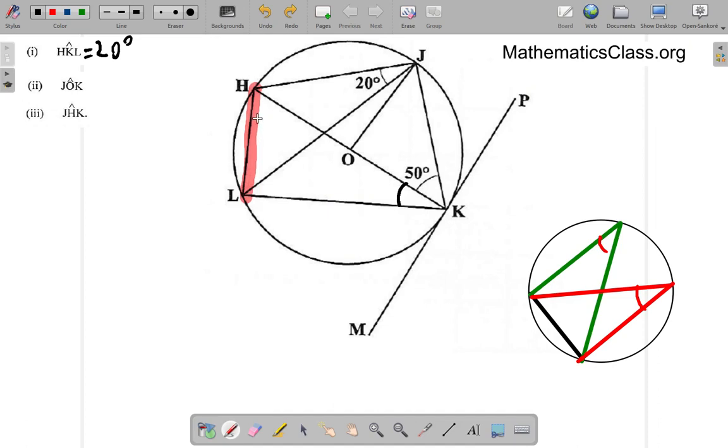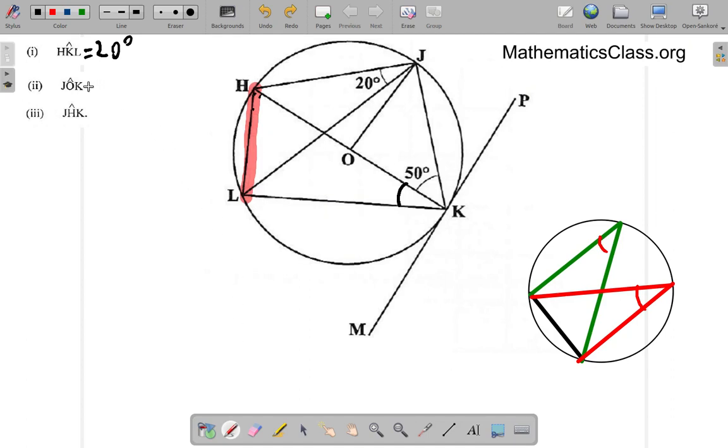And you write your reason. One thing you could write is that HKL and HJL both lie on the same chord, HL. Therefore, they must be equal. Therefore, HKL is equal to HJL equals 20 degrees. Alright? So you have that.